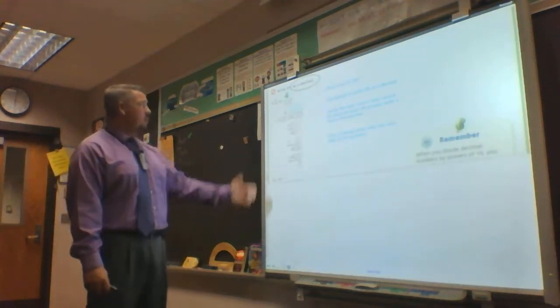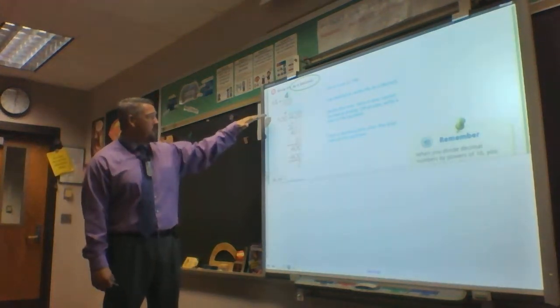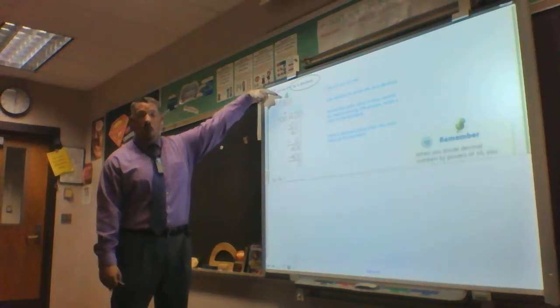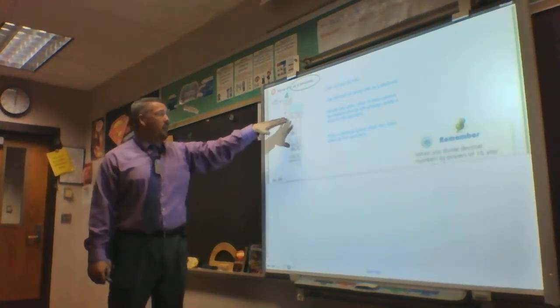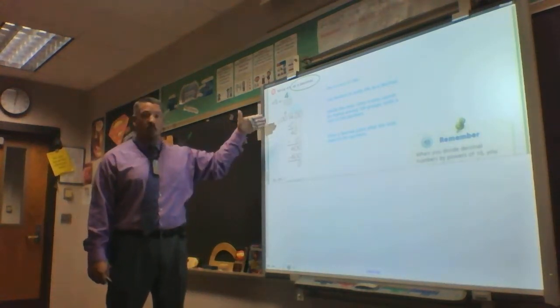On B then, it says to also write this one as a decimal, and I have 4%, and 4% is 4 over 100. I take my percent, write it as my numerator, and then this one doesn't show me to say it and write it out. This one shows me to go ahead and divide.